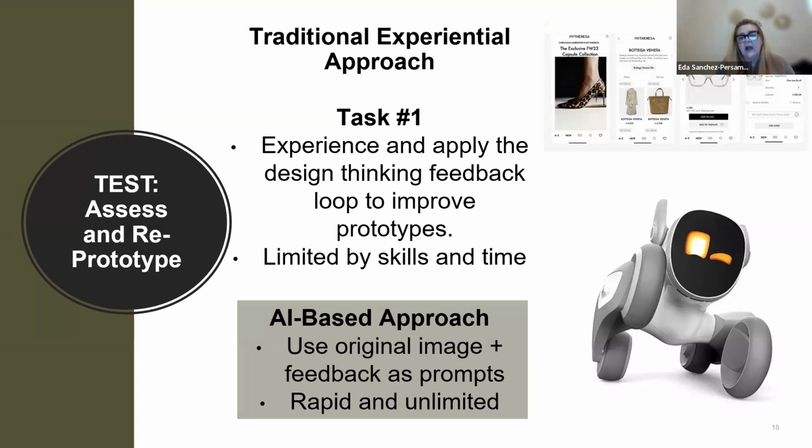There were always some complaints that they wanted to make their prototypes a little bit more realistic. They wanted to really illustrate the improvements, and with their limited skills and time, they often wouldn't be able to do that effectively.